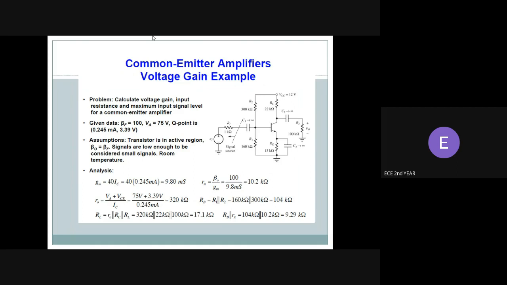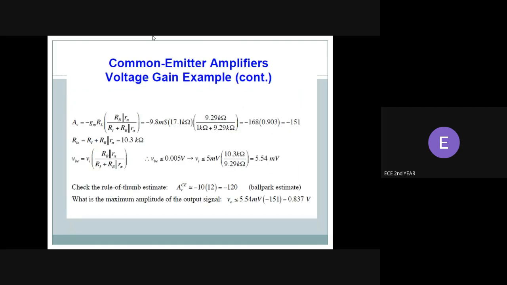The problem continues. Now I will find the voltage gain. It is minus gm times (RB parallel to r pi) divided by (Rs plus RB parallel to r pi), times R prime. That is 9.8 millisiemens times 17.1 kilo ohms times 9.29 kilo ohms divided by 1 kilo ohm plus 9.29 kilo ohms.